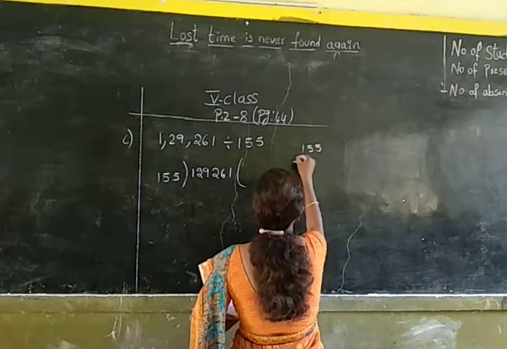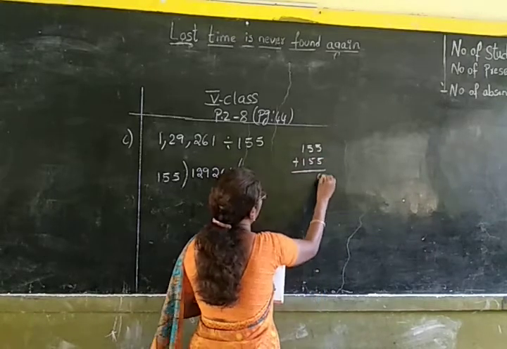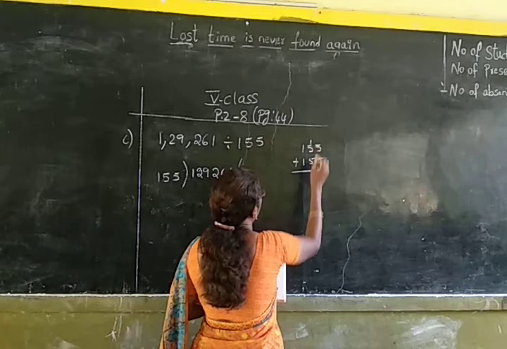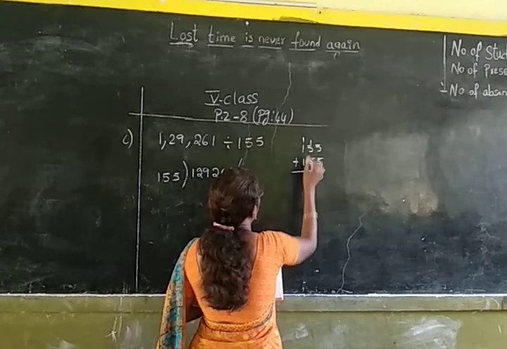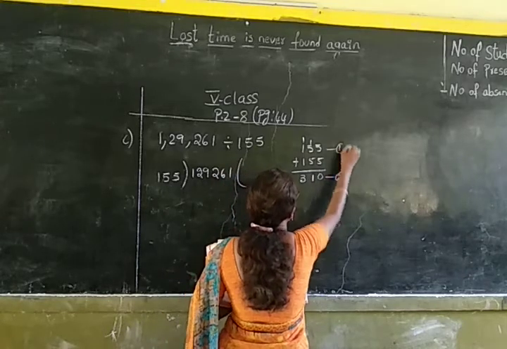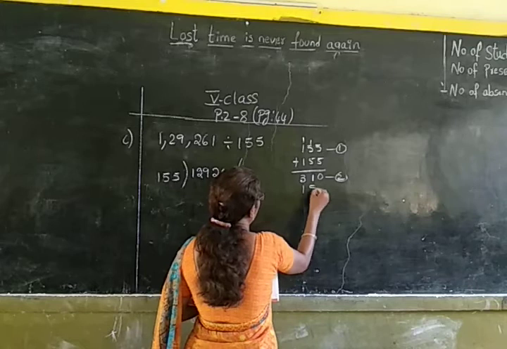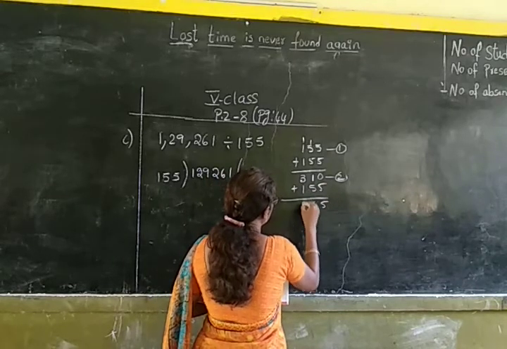155 plus 155. 5 plus 5 is 10. 10 plus 1 is 11. This is 2 times. This is 1 time. Again I am going to add 155. 5, 6, 4.